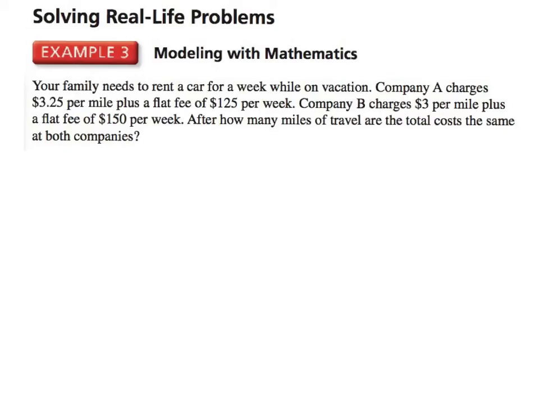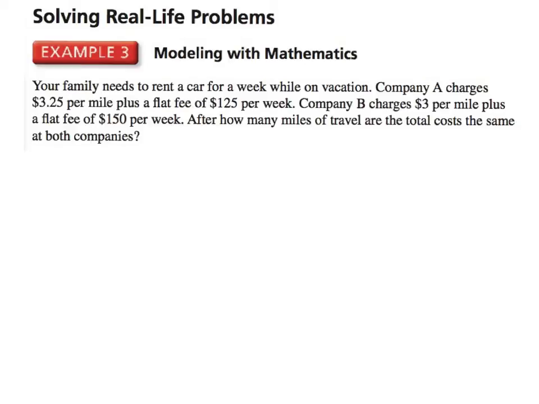Now let's look at our last example, our real life problem. So your family needs to rent a car for a week while on vacation. Company A charges $3.25 per mile plus a flat fee of $125 per week. Company B charges $3 per mile plus a flat fee of $150 per week.